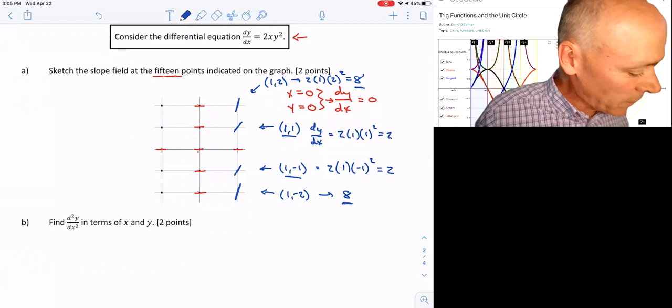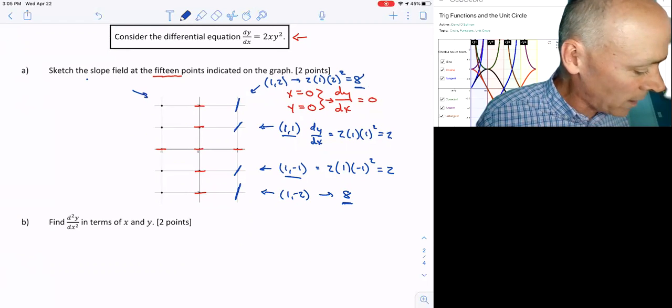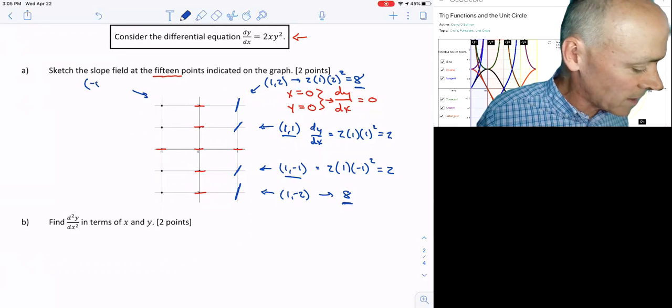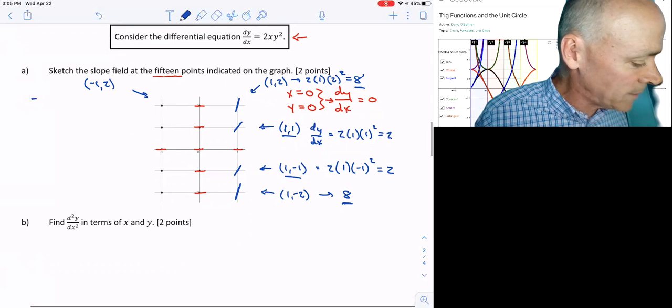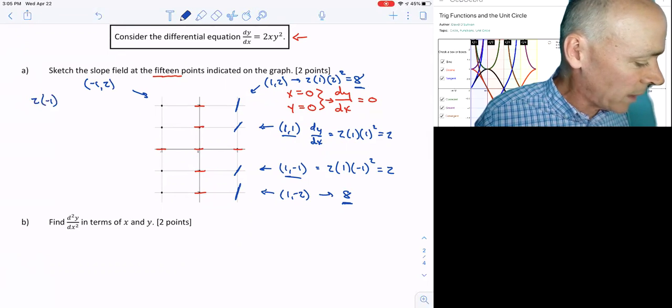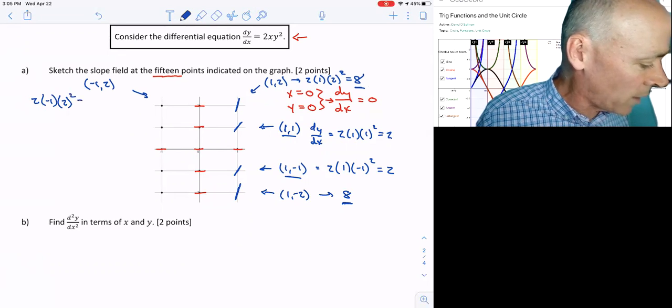Okay, jump over here to the other side. This point, I like to write my coordinates so I don't make an easy mistake. Coordinates at that point, negative 1, 2. Drop it into my differential equation: 2 times negative 1, my x-coordinate, times 2 squared, square the y-coordinate. That's going to be negative 8.